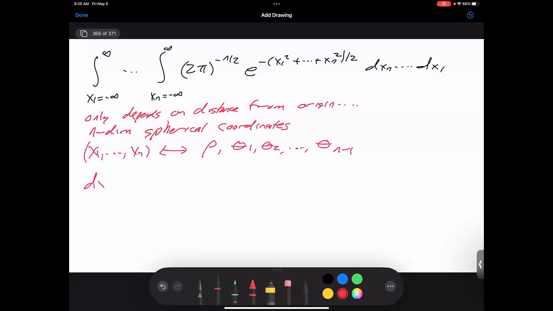And then dx1 through dxn is going to convert to some function, I'll call it g, depending on all of this stuff, d rho, d theta 1, d theta n minus 1.